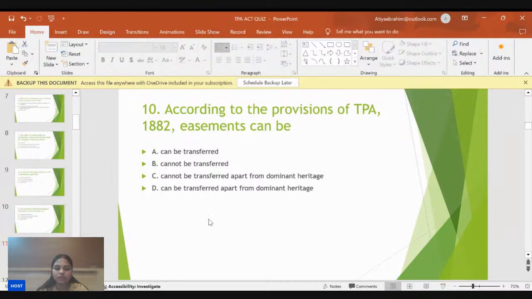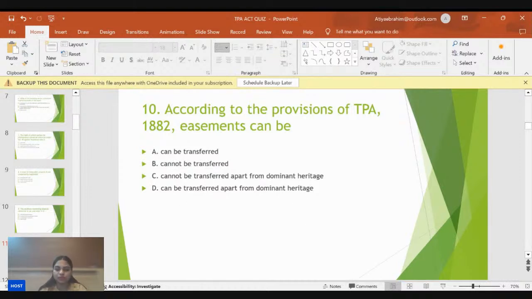Question number 10. According to provisions of TPA, easement can be transferred, cannot be transferred, cannot be transferred apart from dominant heritage, and can be transferred apart from dominant heritage.